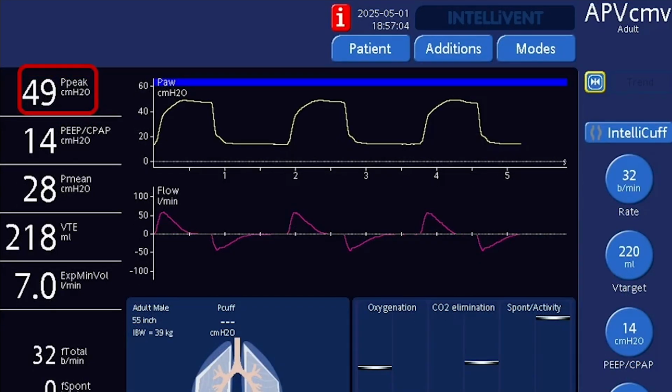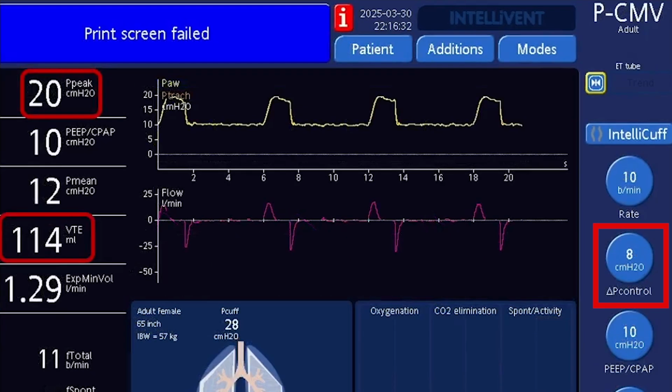In this other case, though, mechanics are clearly abnormal, since we're needing roughly 35 centimeters of water above PEEP to get to pretty small tidal volumes of only 210 mL. Lastly, we see this patient in pressure control, in which 8 centimeters of water above PEEP only gets 110 mL of tidal volume, indicating very poor mechanics.